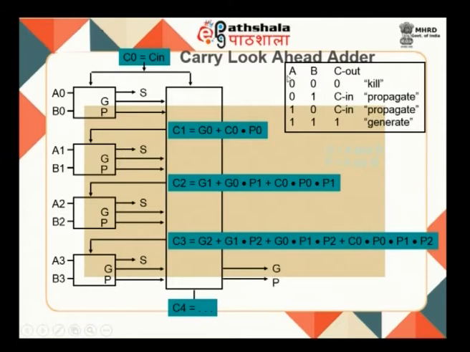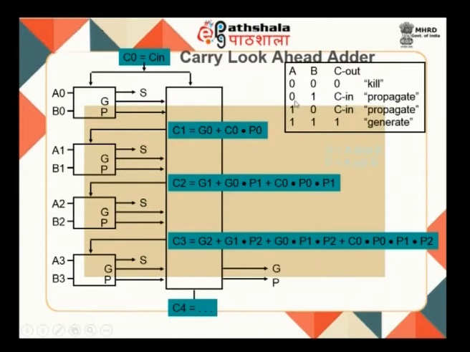So, if you have A, B and a C out, when you have your inputs both as 0 and 0, your carry output is anyway going to be 0. So, that is called the kill. And if your inputs are 0 and 1, you know that only if your C in becomes 1, that will combine with this 1 and it will produce a carry output of 1. So, that is called the propagate function.